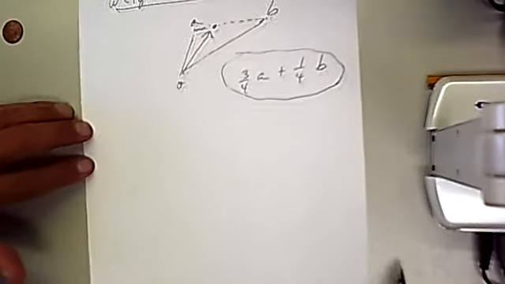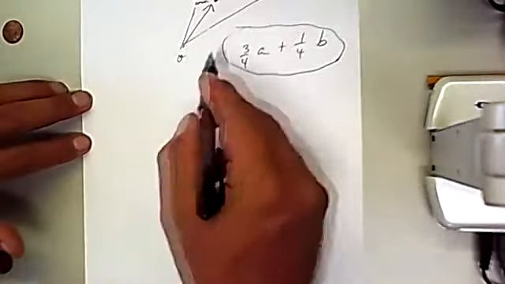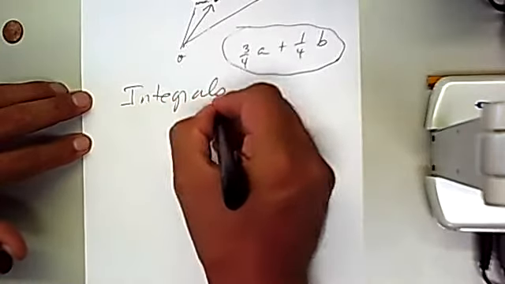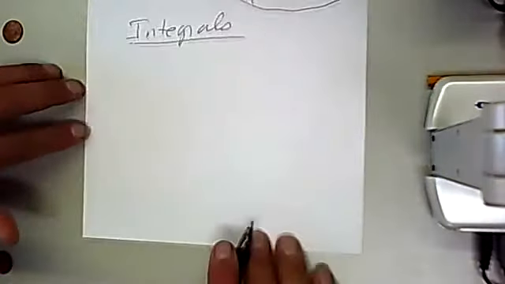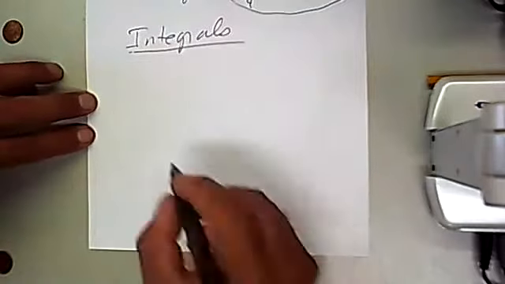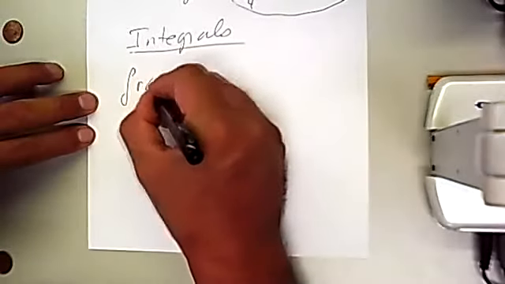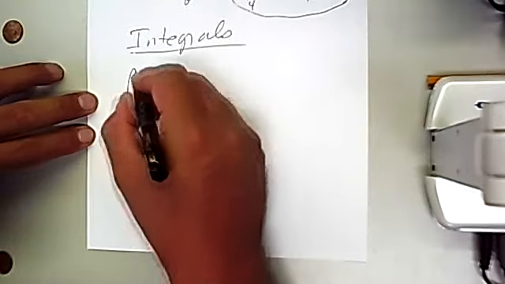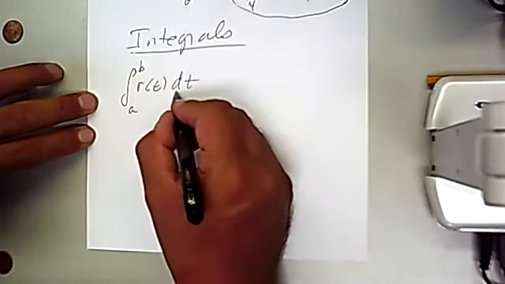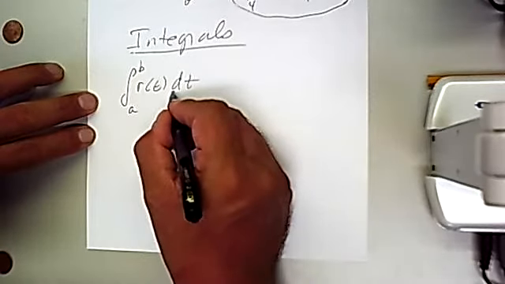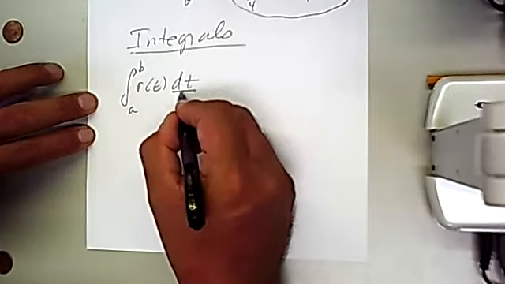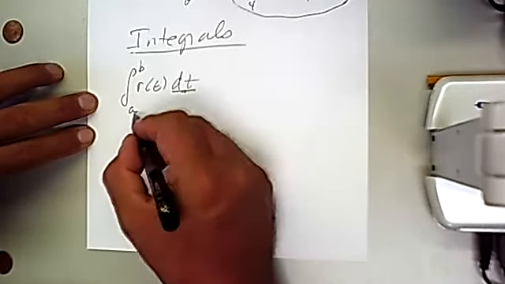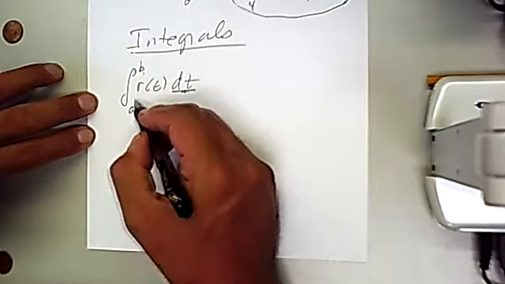So now let's talk about integrals. So what is an integral? An integral of r of t dt from A to B. By the way, when we write down the differential, and please always write down your differential, that differential tells us the nature of those integration limits.